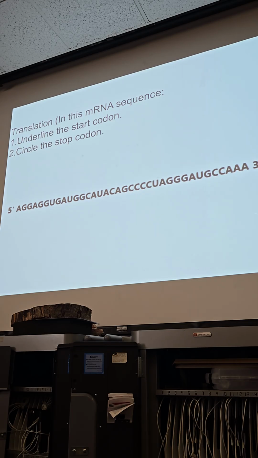AUG is the codon for MET, the amino acid. Just don't worry, MET is the amino acid. Amino acids are serine, methionine, whatever amino acid that is corresponds to the codon.